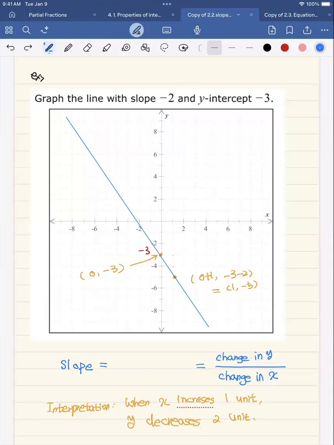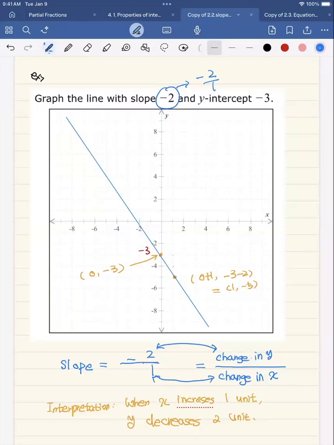Let's draw the graph of the line with a slope -2 and y-intercept -3. Slope -2 means slope is -2 over 1. And that means change in y is -2 and change in x is 1.